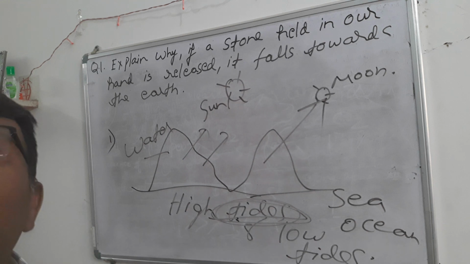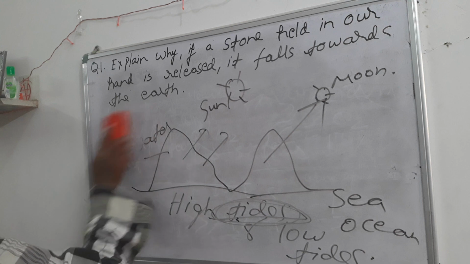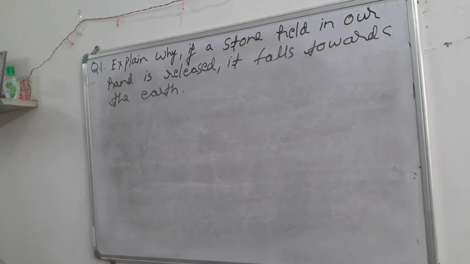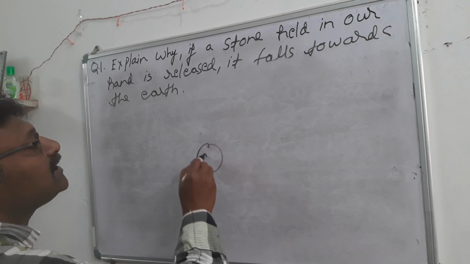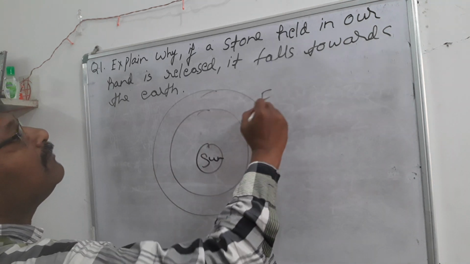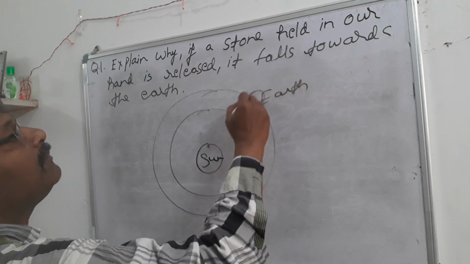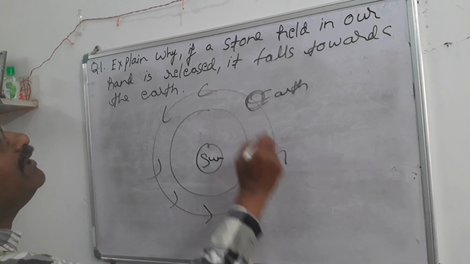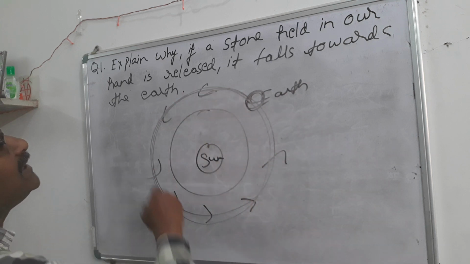Besides this, one very important significance is the solar system. The sun is the central point of the solar system, and all the planets are revolving around it. For example, the earth is also one of the planets, revolving around the sun. Why is the earth always revolving in a certain orbit?